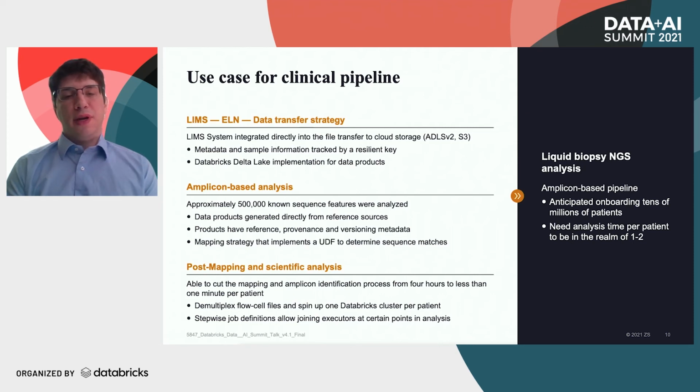As we curated and mapped these massive patient populations to their corresponding amplicon identifications, we were able to cut the mapping time from about 4 hours to less than 1 minute per patient. And again, we went with the workflow where a demultiplexed flow cell spun up an individual data cluster per patient, and we're able to compute that in a very short period of time and add it to a curated database.